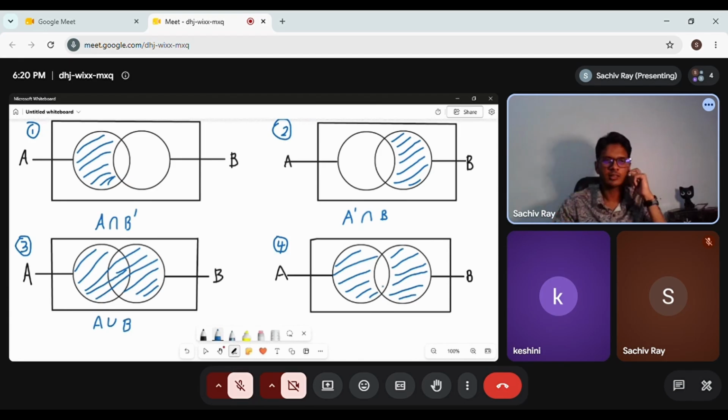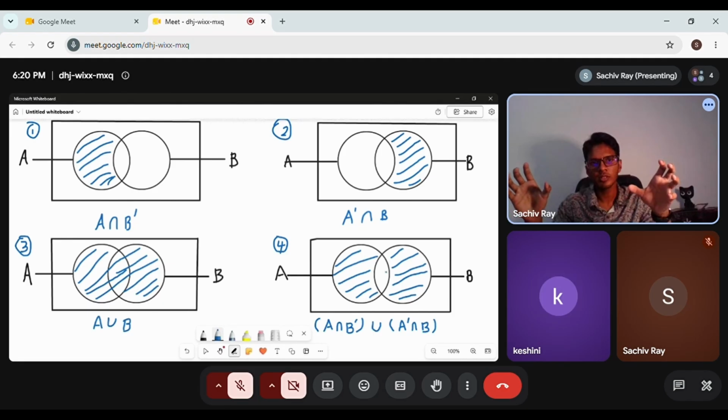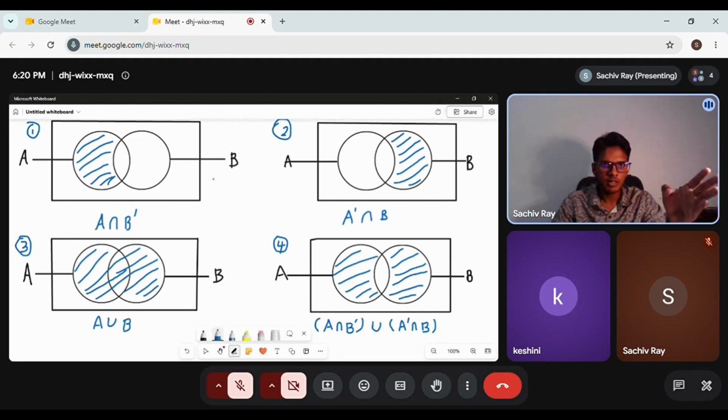So we can write it as A intersect B complement, within brackets, union A complement intersect B. We have merged the one and the two, not A and B, the one and two. We have made a union of those.